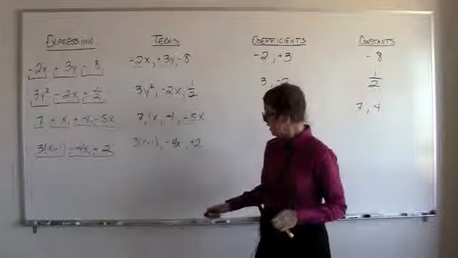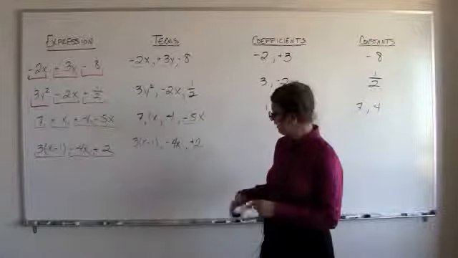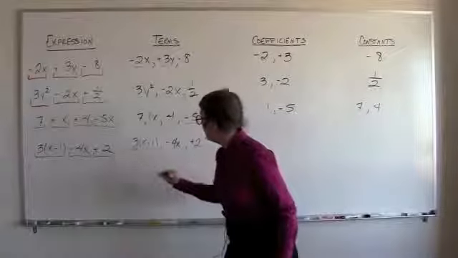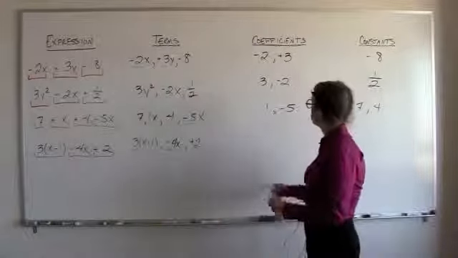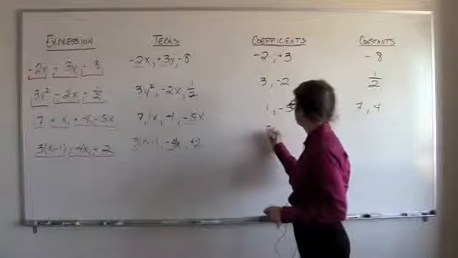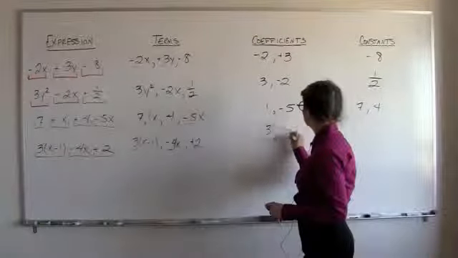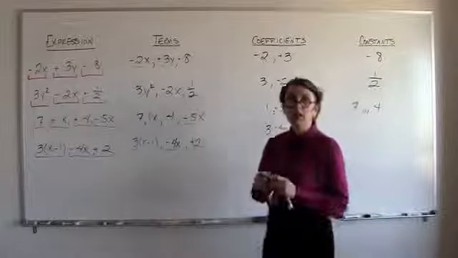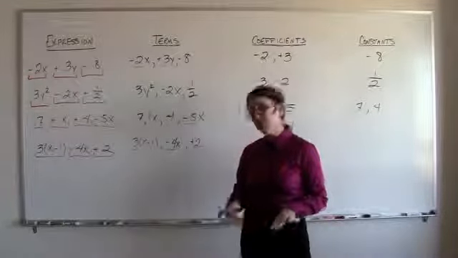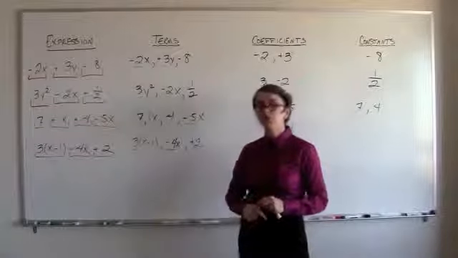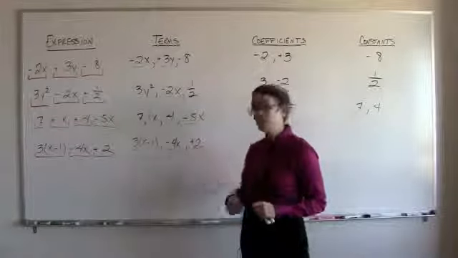There's 2. The two numerical coefficients in this instance are 3 and negative 4. The constants, the numbers which won't vary, there's only 1 here. It looks like there's 2, but really there's only 1.